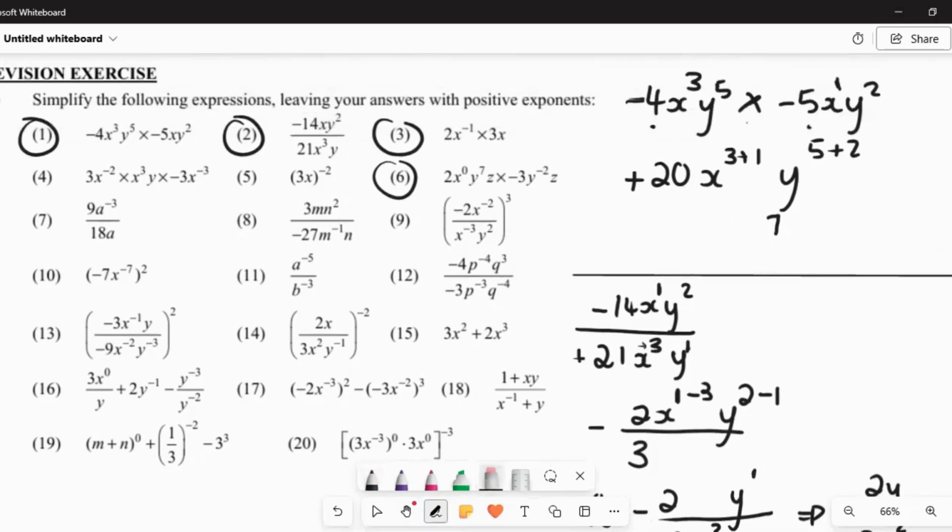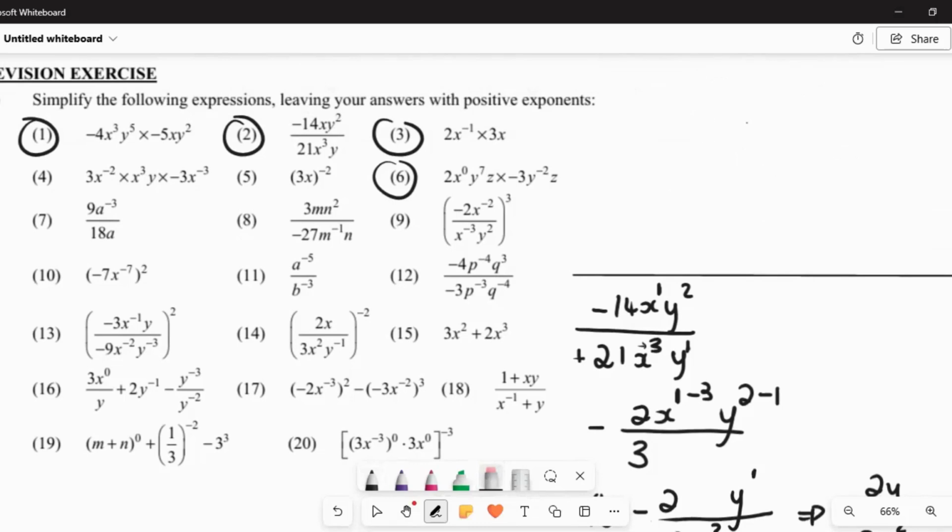Let's go to number 3. I'll erase this part. Number 3 there, we are given 2x to the negative exponent of 1 multiplied by 3x. Again, we multiply the numbers. 2 times 3 is going to give us 6. And then now we multiply the variables, and then we add those exponents.